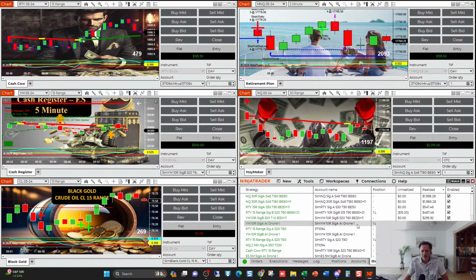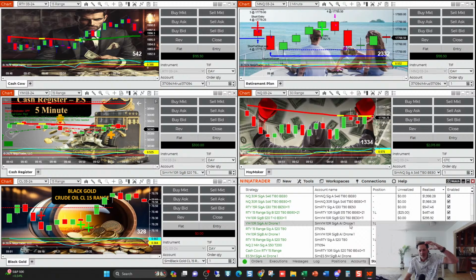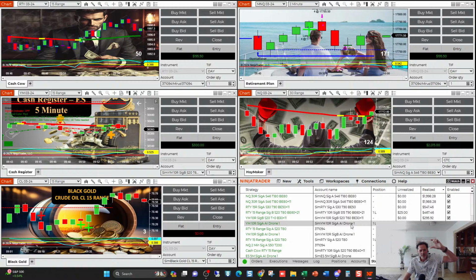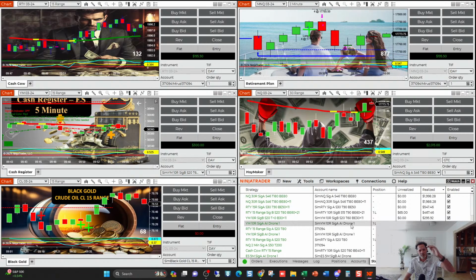Other new things: we've got these strategies now called drones. The drone idea is that it's flying above the price, and it's another strategy, but we've got the stops and targets opened way up. The data from those trades of the drone goes into a database, and then out into a machine learning model.